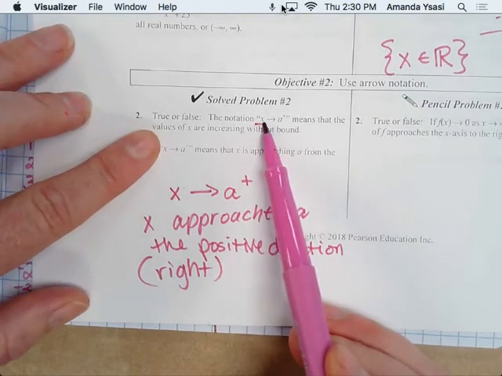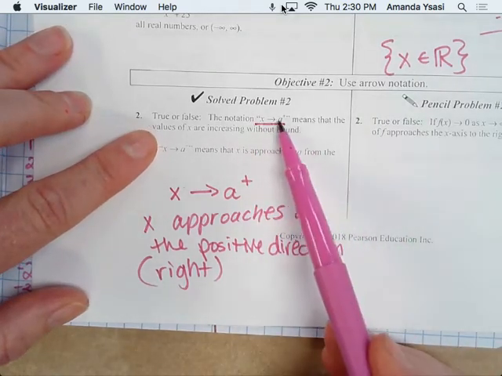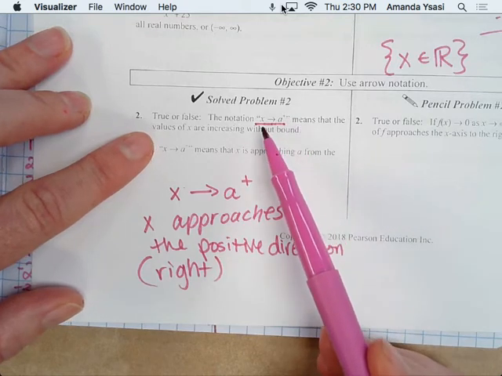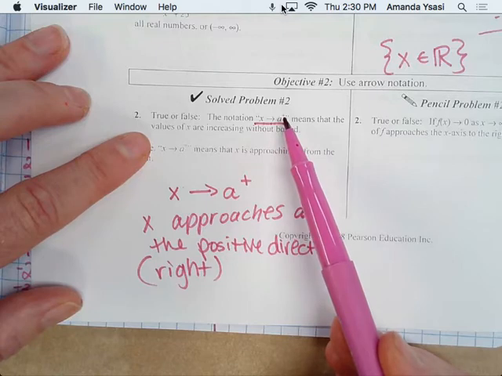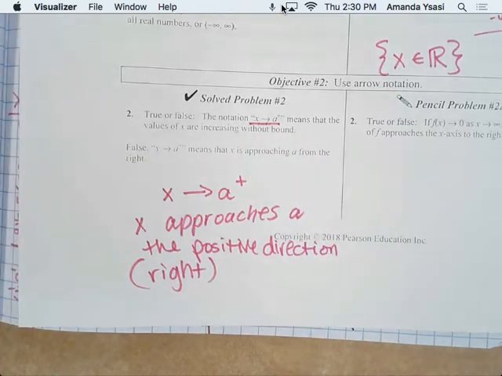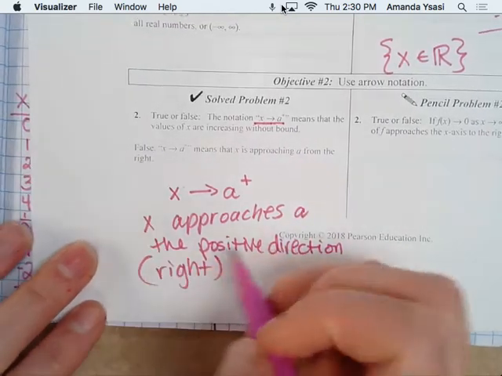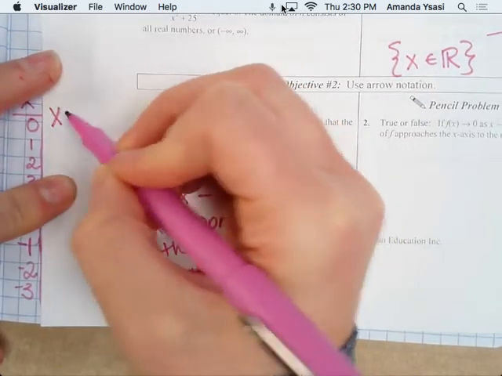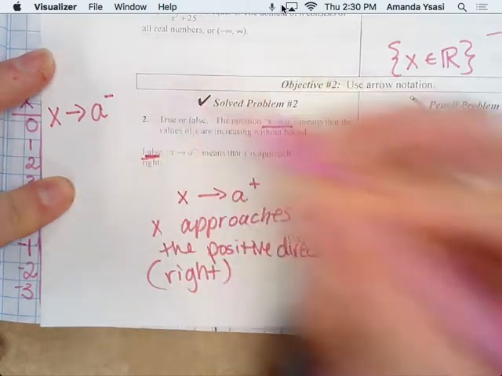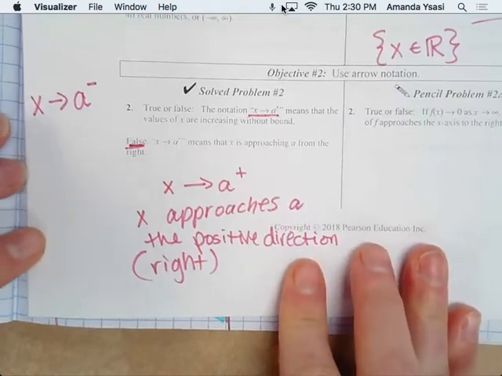So this is the notion. X approaches a plus means x approaches a from the right. Does not mean it increases without bound. It means this. So this is definitely false. If it says as x approaches a with the negative sign, what do you think that means?